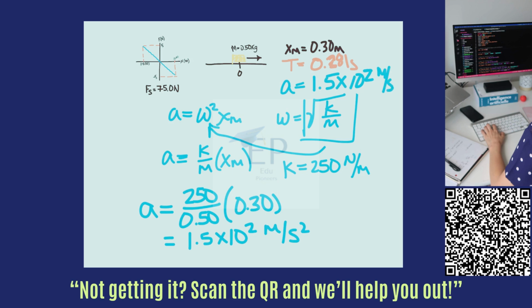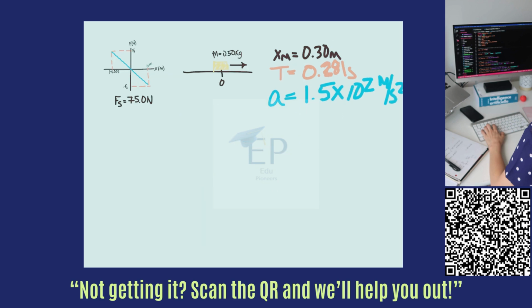Okay, and lastly, we are being asked to find the kinetic energy. So the equation for kinetic energy is K equals 1/2 mass times velocity squared. And velocity is equal to omega times our amplitude.